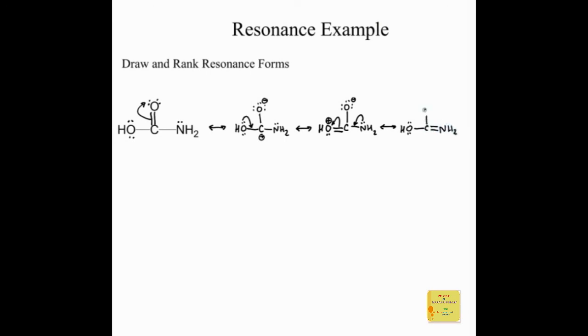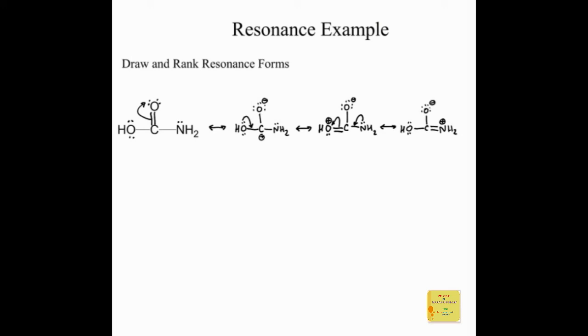And that would give this structure with an O minus up top. And where is our positive charge now? Our positive charge is on this nitrogen, 1, 2, 3, 4. Nitrogen wants 5. And this is a fourth resonance form. Any other attempts at shifting around the lone pairs and the pi bonds will bring us back to one of these original structures that we drew. So these are all the possible resonance forms.